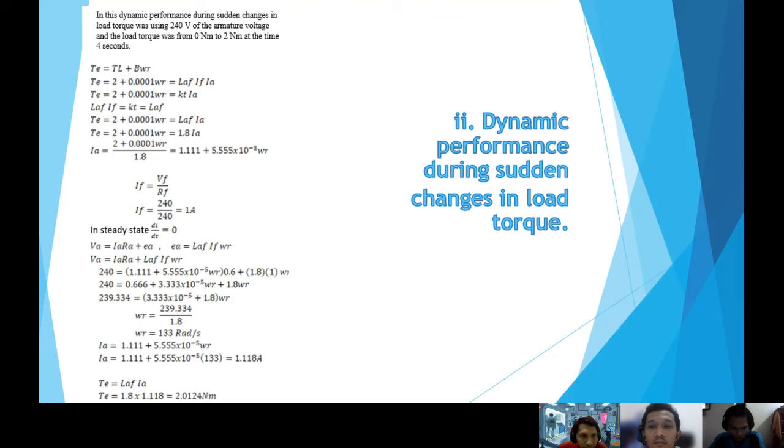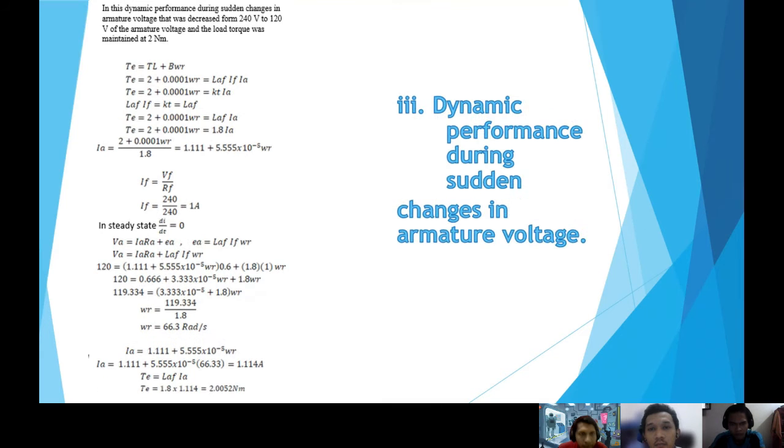Second, VA equals IA RA plus EA, and omega R we get 133 rad per second. So IA we get 1.118 ampere. So input the equation TE equals LAF IA. So TE we get 2.0124 Nm.